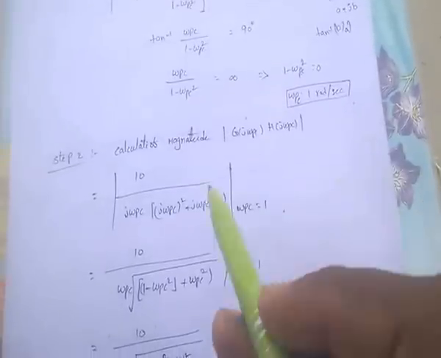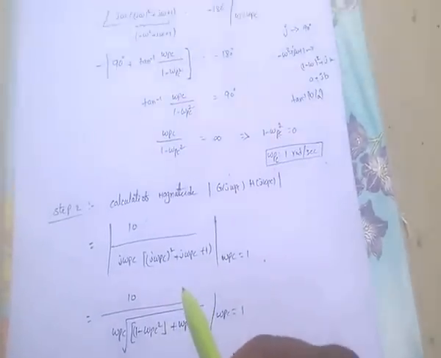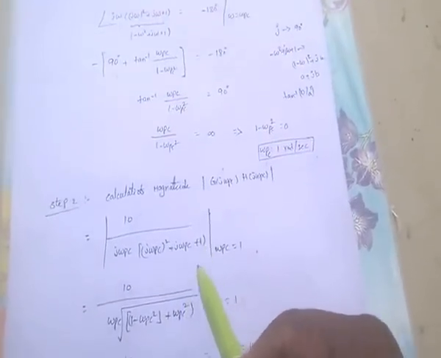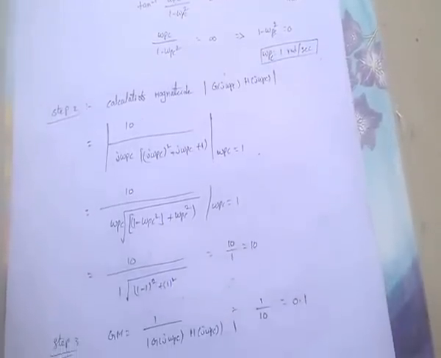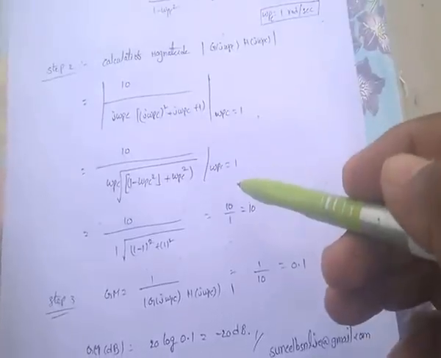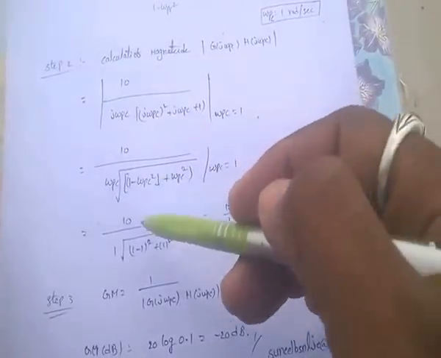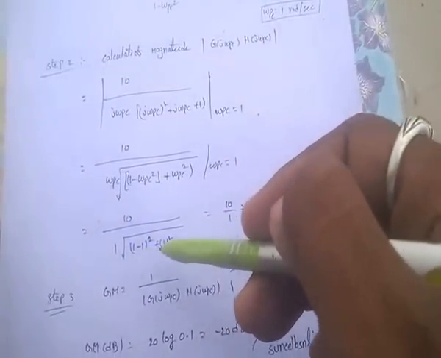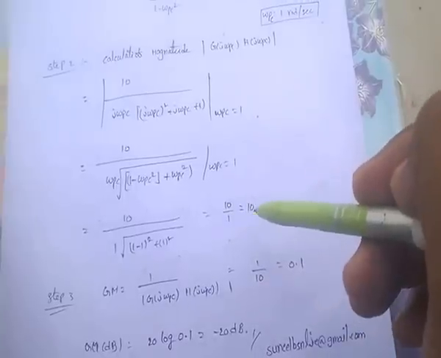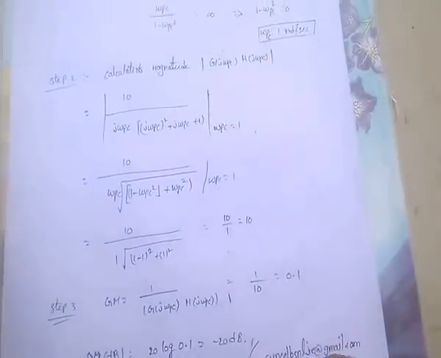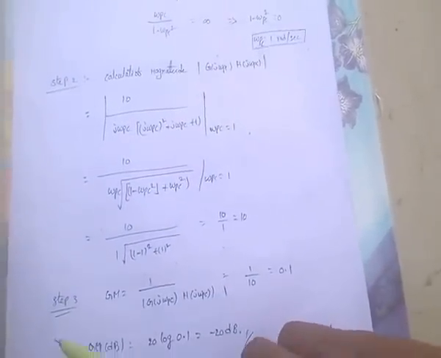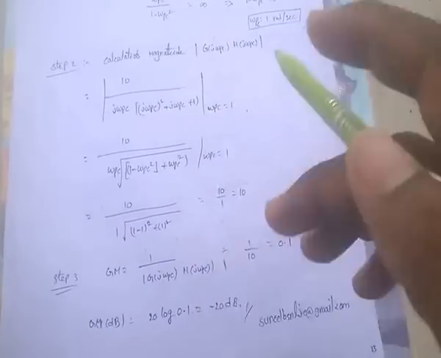That is j omega PC into j omega PC square plus j omega PC plus 1. 10 by omega PC into root of 1 minus omega PC square plus omega PC square at omega PC equal to 1, and substitute this omega PC 1 in the equation. 10 by 1 into root of 1 minus 1 square plus 1 square, that equal to 10 by 1, that equal to 10.